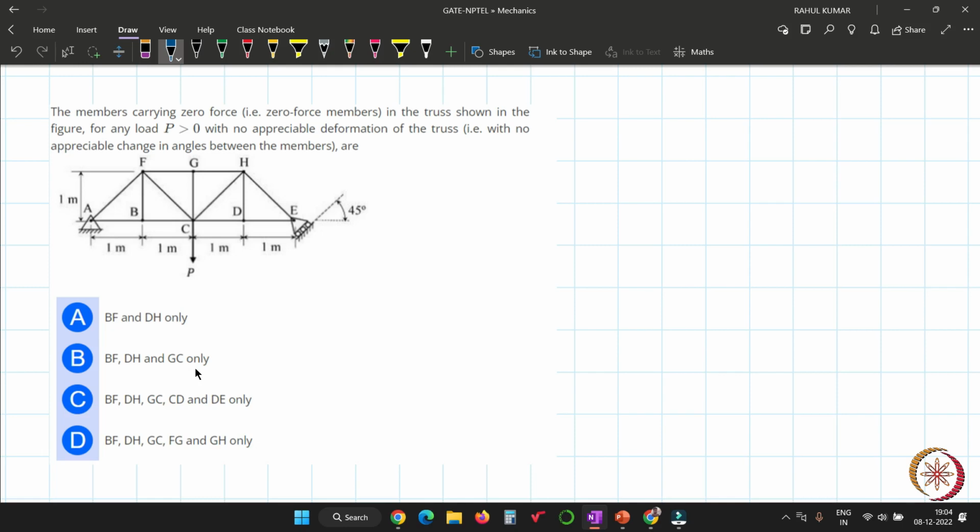Apply the method of section. It's option C, sir. Yeah, that is correct.